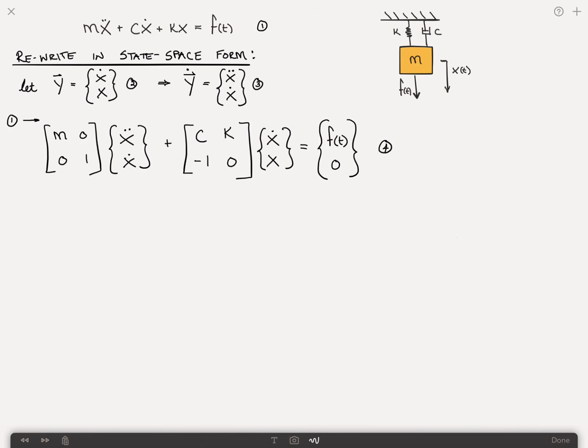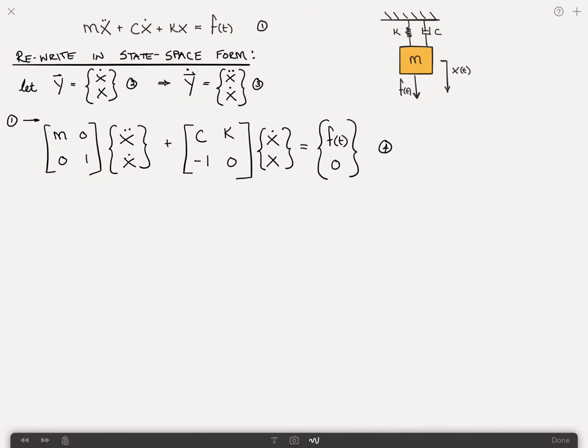Then the second equation in the system of equations merely says that x dot minus x dot equals 0. 1 times x dot is equal to x dot, minus 1 times x dot is minus x dot, and that's equal to 0. And the second equation is known as a constraint equation because it's fundamentally saying that the second element of this vector is equal to the first element of that vector.